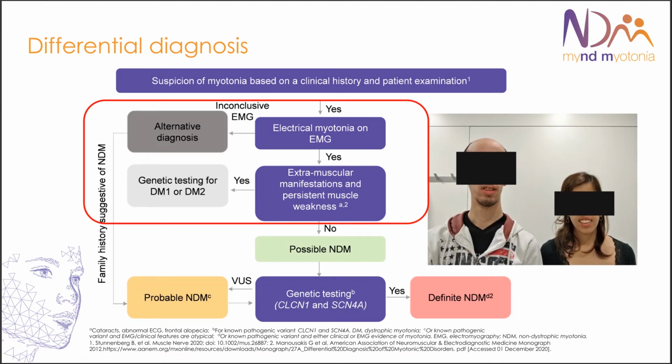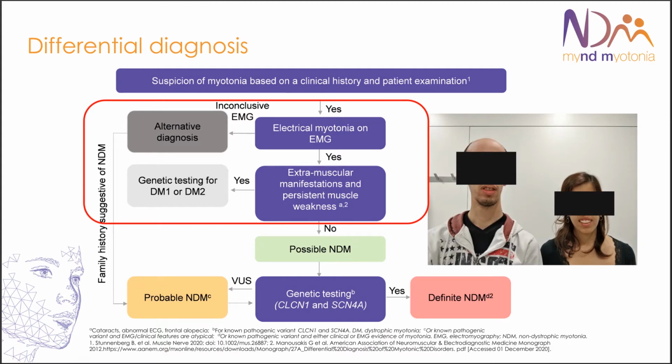So if we suspect that we have a patient with myotonia, the first thing that we have to do is confirm this myotonia using electromyography. If we have confirmed this, so we identify myotonic discharges in electromyography, and the patient has extramuscular manifestations or persistent muscle weakness, the most common and prevalent disease is myotonic dystrophy.